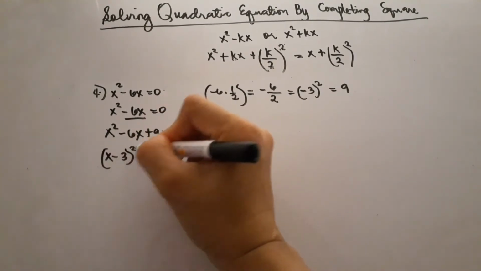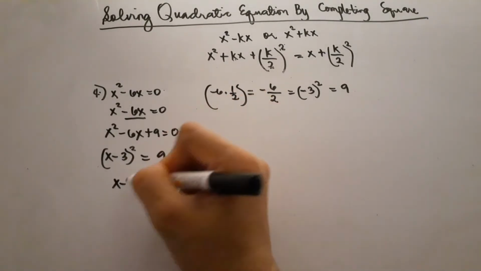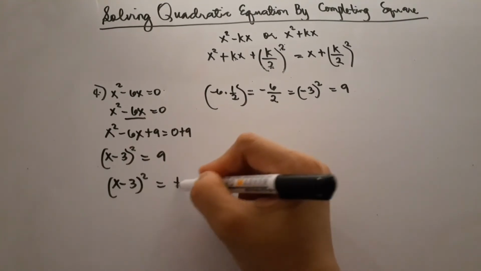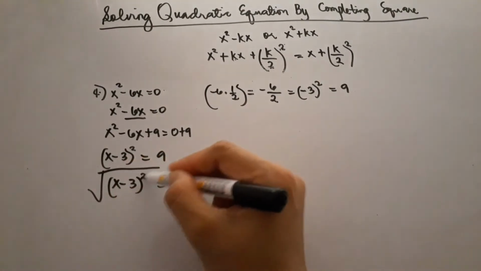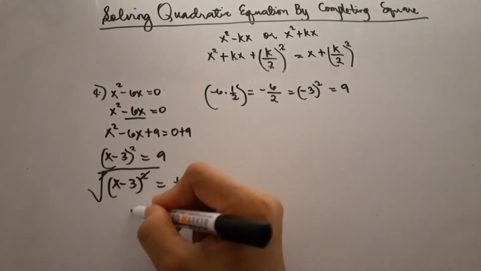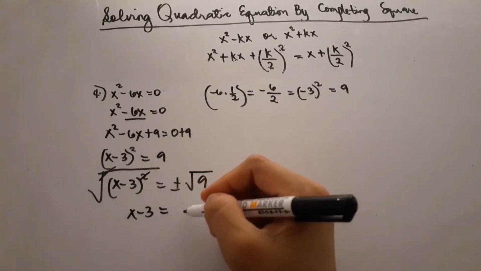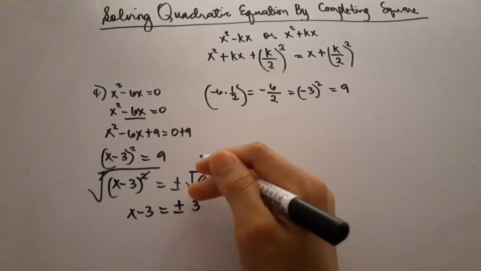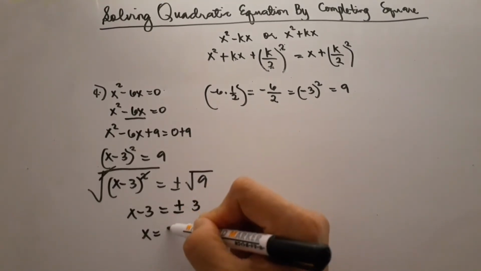So (x - 3)² is the factor of x² - 6x + 9. And then we can use the square root theorem here, cancel out, and then x - 3 is equal to ±. The square root of 9 is 3, so we can have 3 here. And then we isolate the constant term, which is -3.